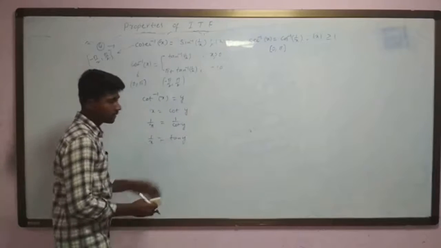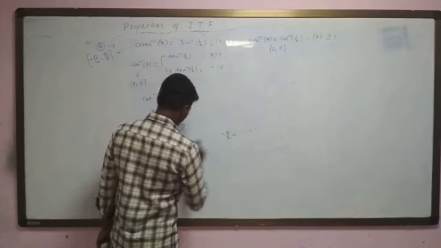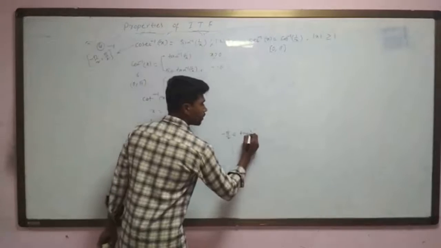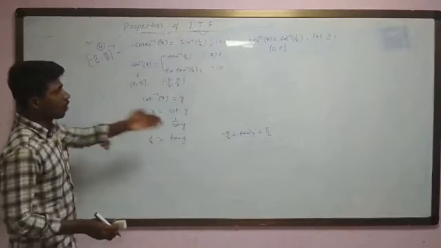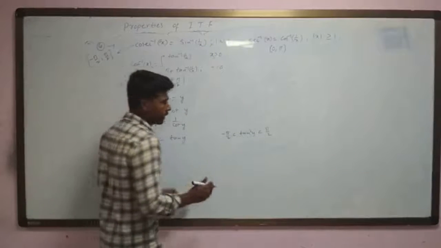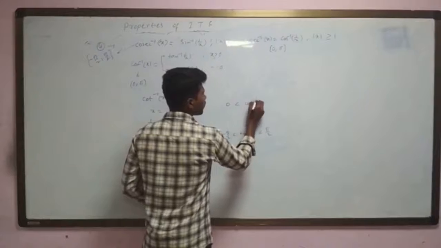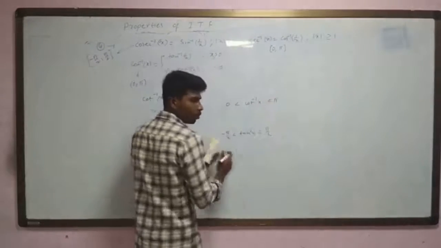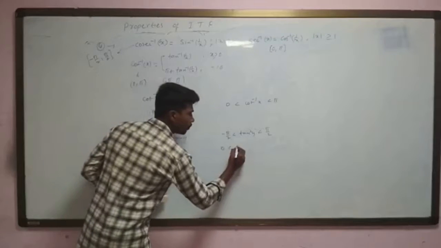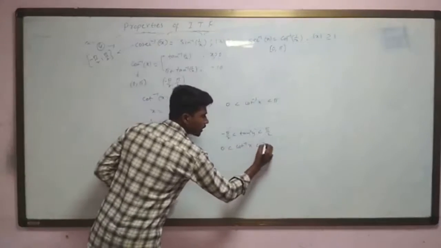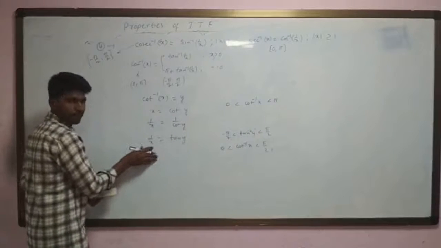But tan y is defined between minus pi by 2 to pi by 2. We are converting cot into tan, so we have to split that interval 0 to pi into 2 parts. I took the first one as 0 to cot inverse x less than pi by 2 part. Then we get tan y as 1 by x.